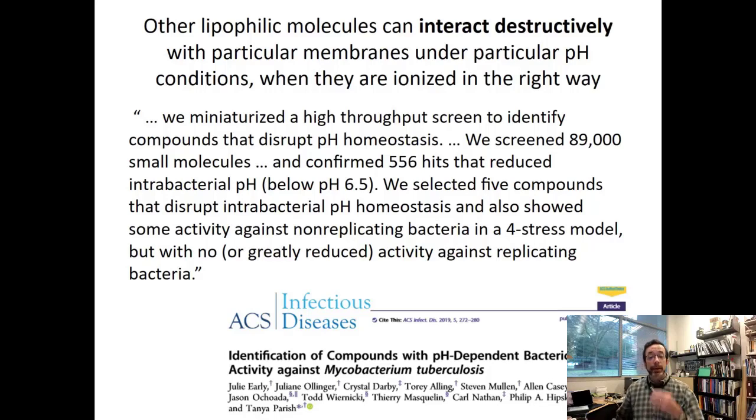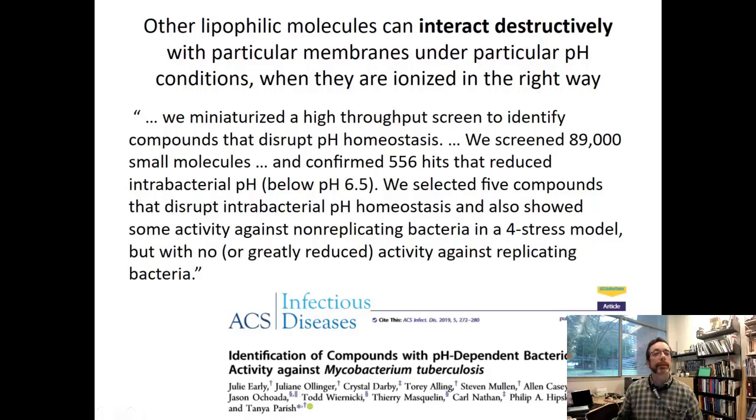For example, here is a paper where they screened for lipophilic molecules that can actually dissolve in a membrane at a certain pH and destroy the membrane by somehow interfering with it. Bacterial membranes, by the way, are weaker than human cell membranes, and so this could be a way to have an antibiotic. You can have a molecule that will destructively interact with particular membranes under particular pH conditions when they are ionized in the right way.